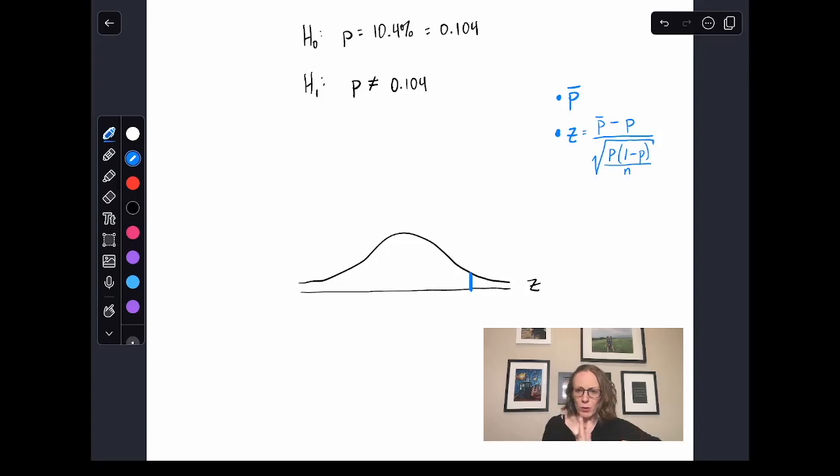The middle would be what I'm assuming the actual proportion is from the null hypothesis. And since my alternative hypothesis is a not equals, I need to look on both sides and find the probability of getting something at least as extreme as what I got.